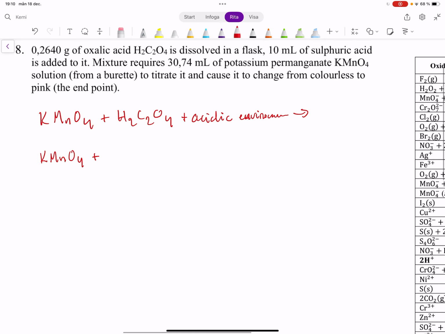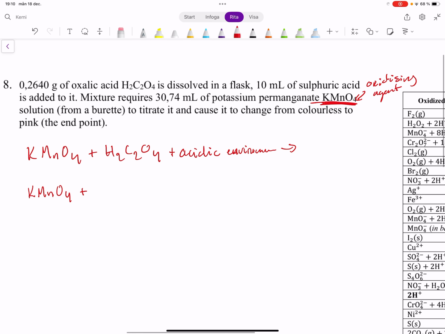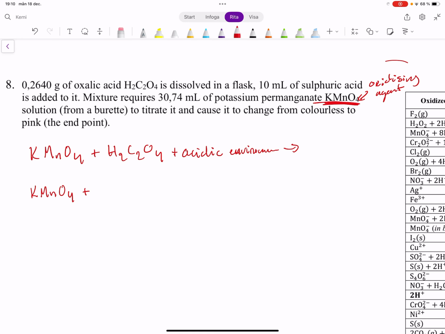So when you read potassium permanganate, you can be 99% sure that this is the oxidizing agent. Now when we write half equations, we know that this is the oxidizing agent.